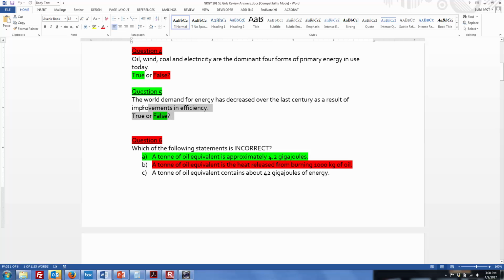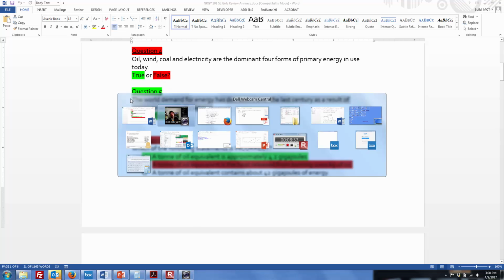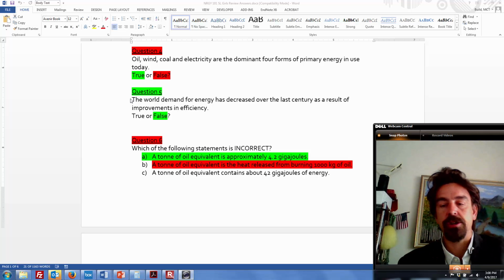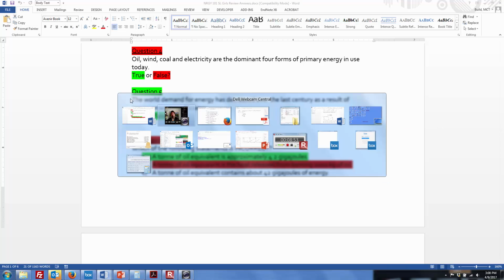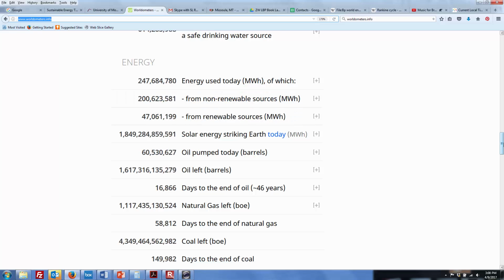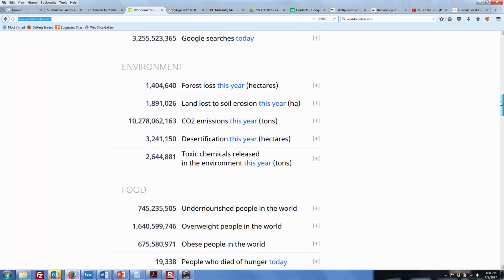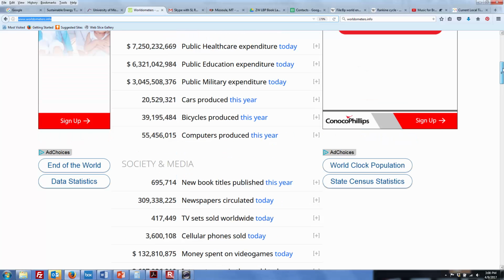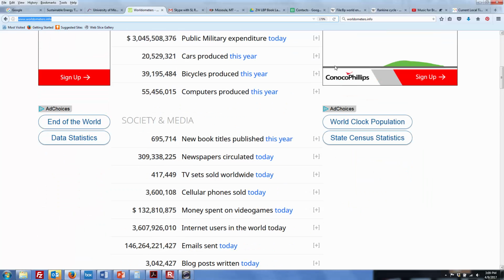This, of course, is false. Good job. We know that as the population increases, we use more and more energy. And that's also shown on worldometers. So let's look here. We can also see that the number of people is always increasing as well. One second.